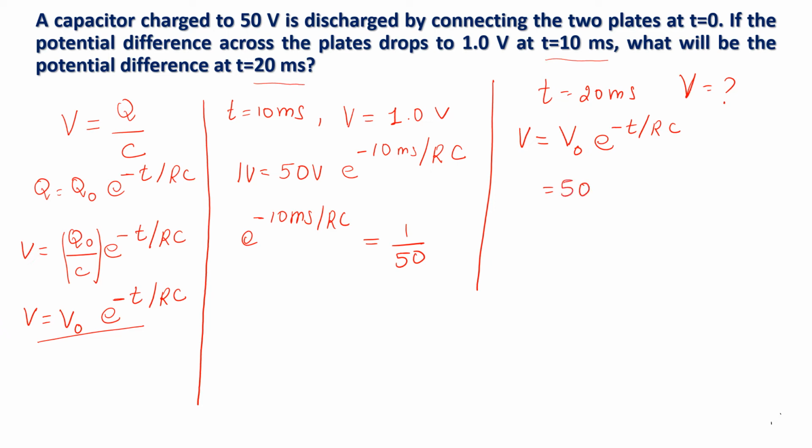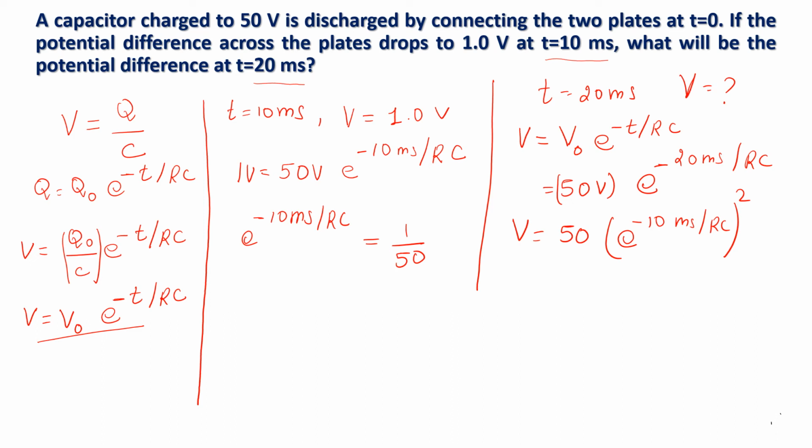Then e power minus 20 millisecond divided by R into C. So V equals 50 volt times e power, and you can rewrite this as minus 10 millisecond by RC, the whole square.